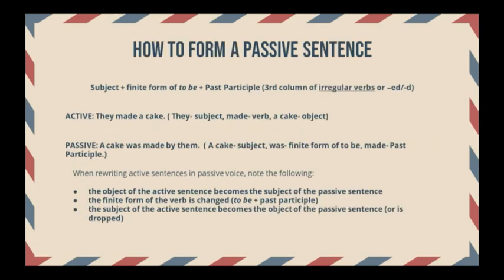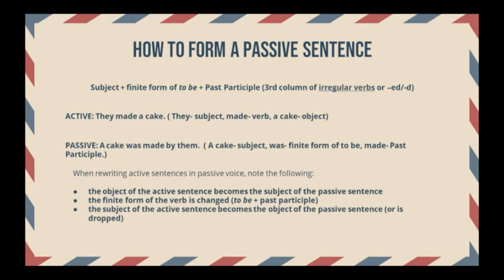And if we want to know how to form a passive sentence, or if we want to make a formula, here is how it is made. We have a subject, then we have a finite form of to be, and then we have a verb in the third column of irregular verbs, or if the verb is regular, we have the suffixes ed or d.